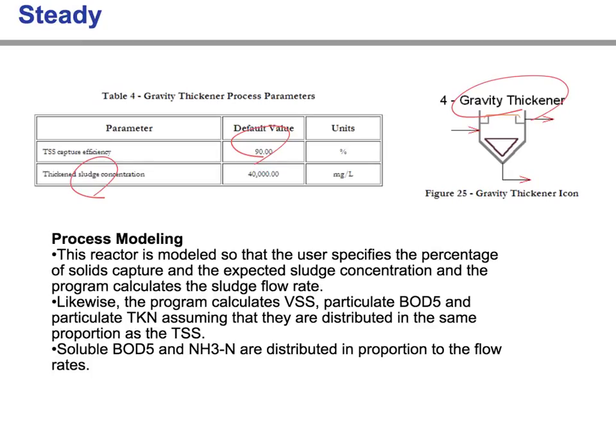This reactor is modeled so that the user specifies the percentage of the solid capture and the expected sludge concentration, and the program calculates the sludge flow rate. Otherwise, the program calculates VSS, particulate BOD5, and particulate TKN, assuming that they are distributed in the same proportion as the TSS. Soluble BOD5 and ammonia are distributed in proportion to the flow rate.